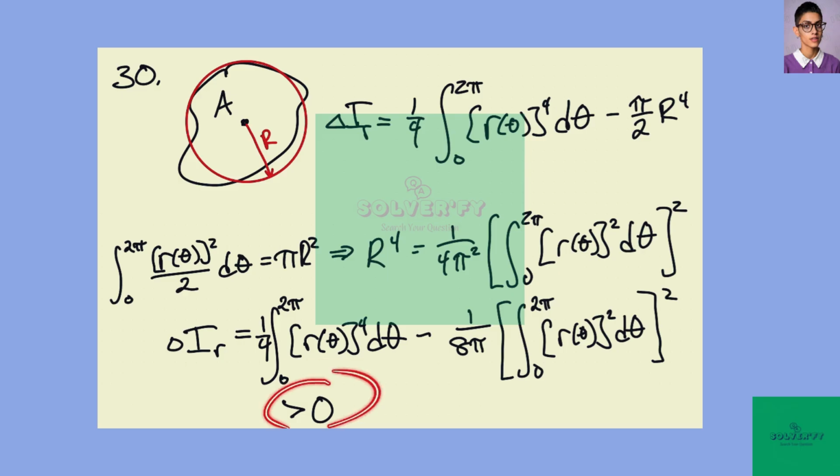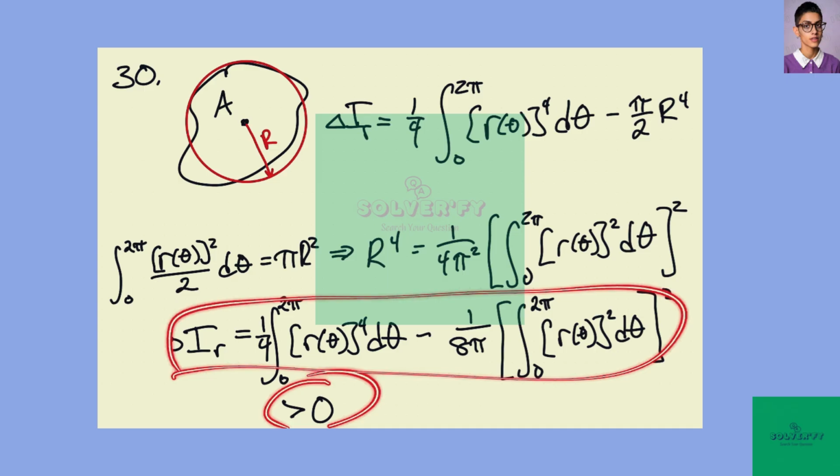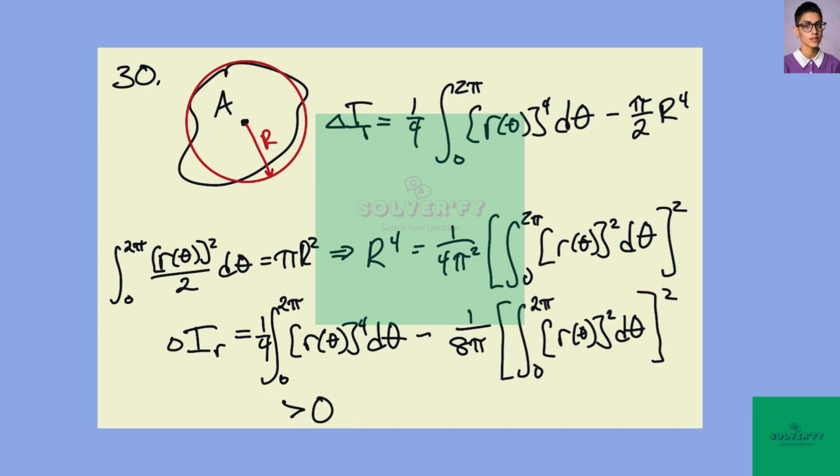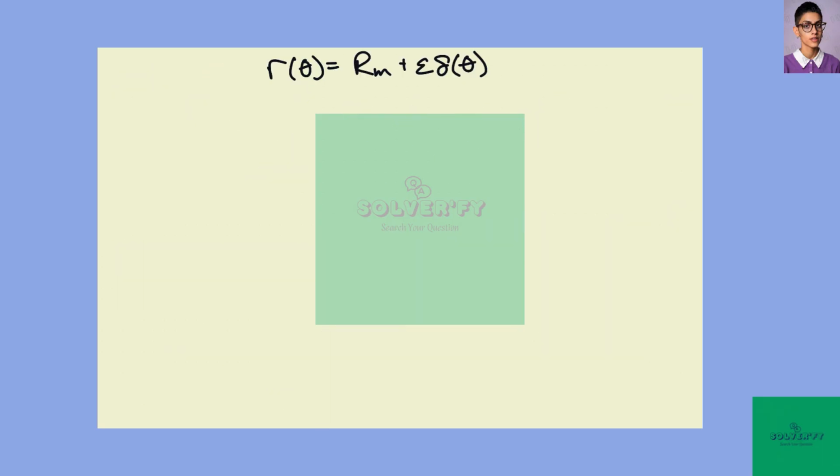So that's kind of a hand wavy way to do it, and you can check for yourself, plug in some various functions into here and see that this is always true.